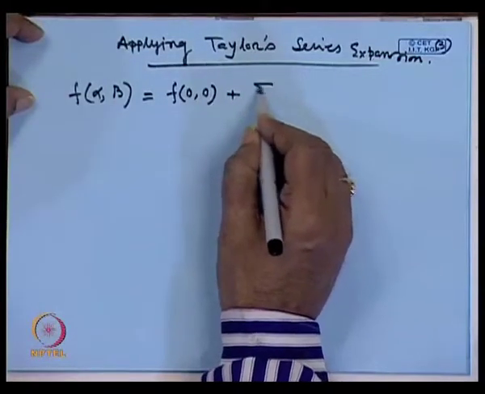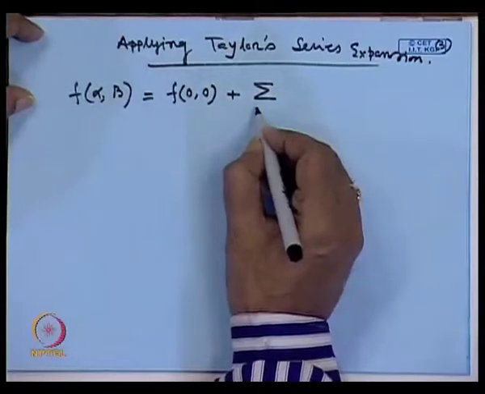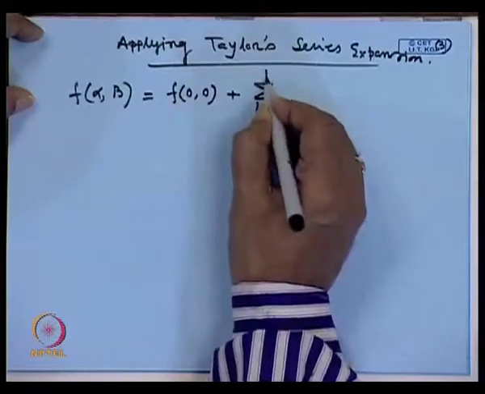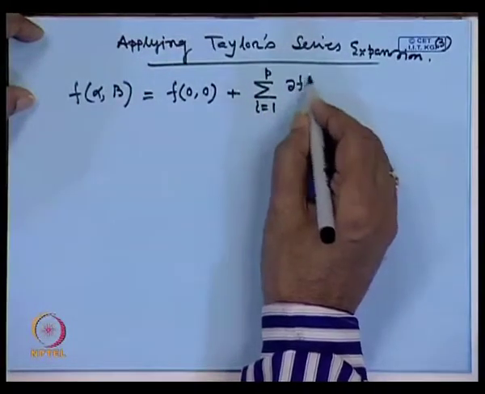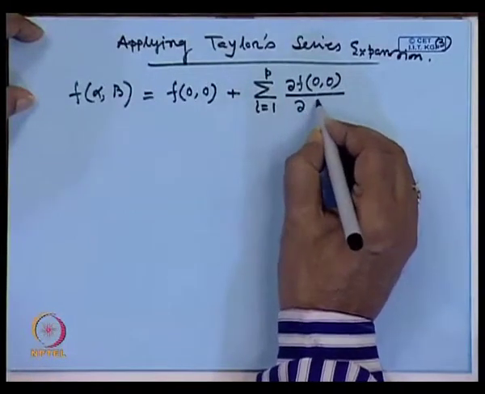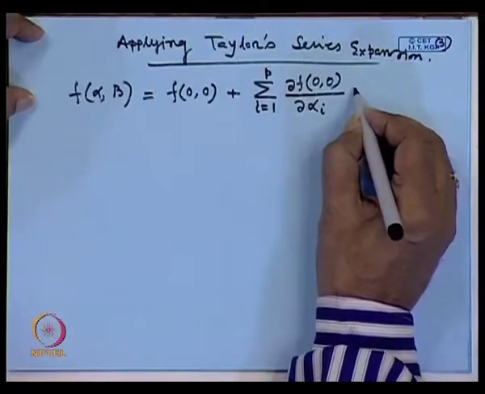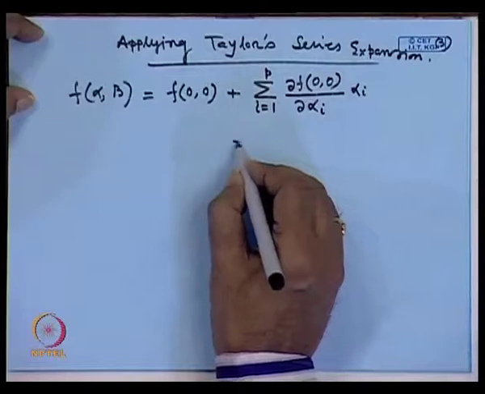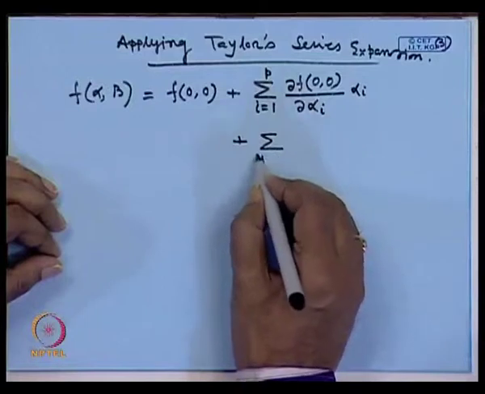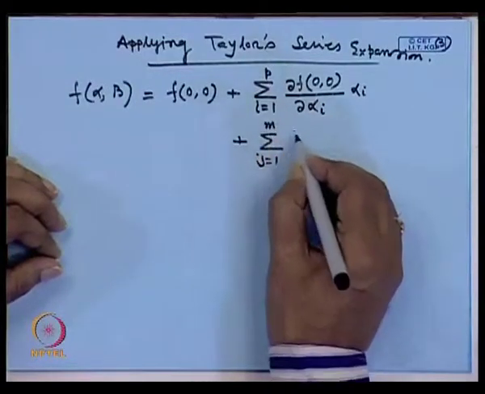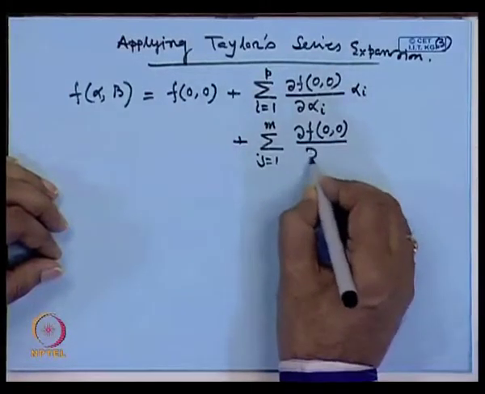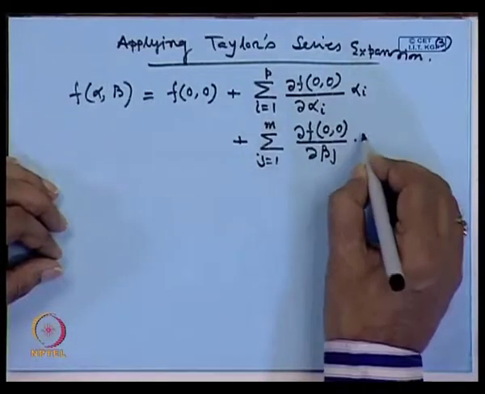We have p equality constraints, so the summation of i equal to 1 to p of the partial derivative of f around 0 with respect to alpha i, into alpha i, plus the summation of j equal to 1 to m of the partial derivative around 0 with respect to beta j, into beta j.